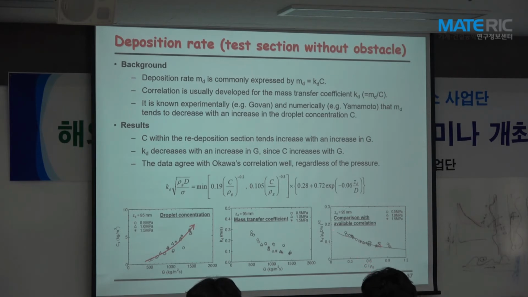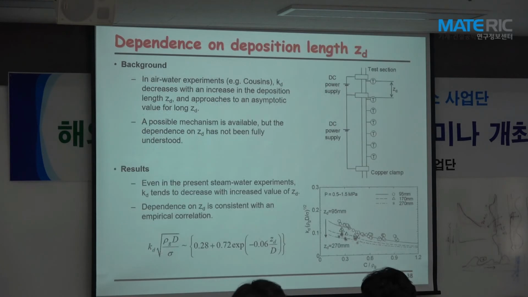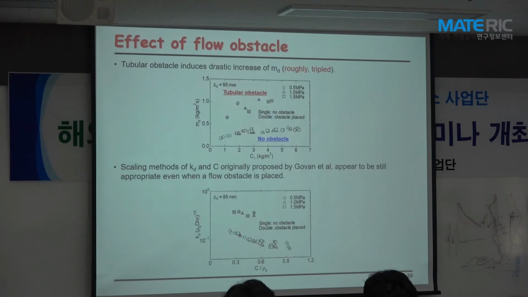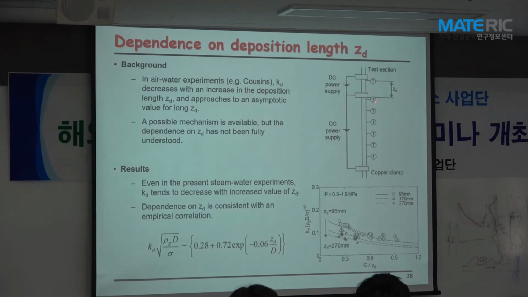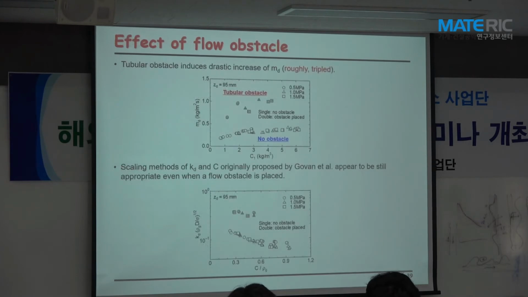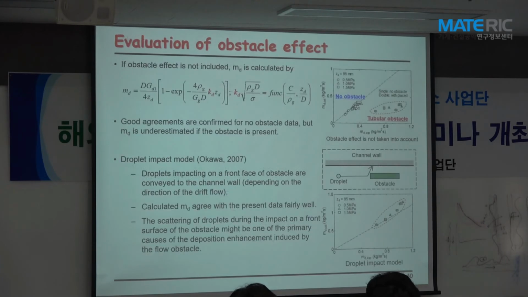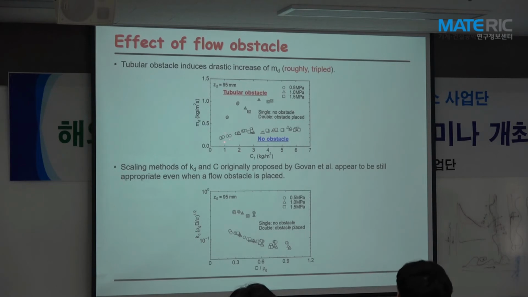And if the obstacle is placed here, as you, I'm sorry, I skipped this one. This one. As you can see, if there is no obstacle, the deposition rate is like this.